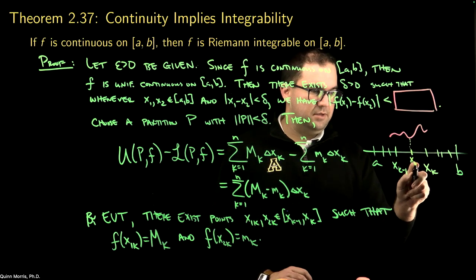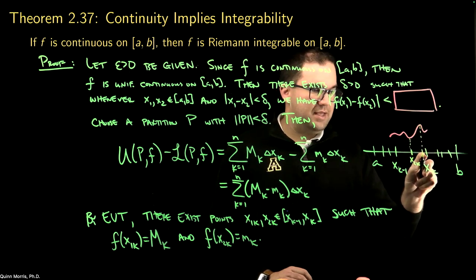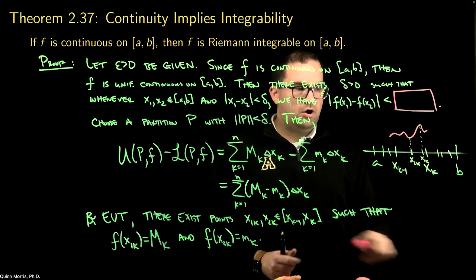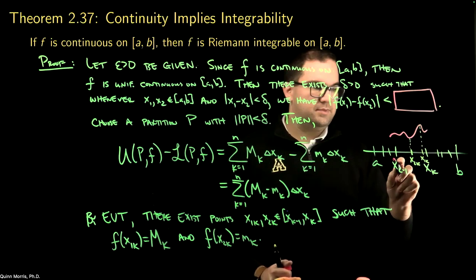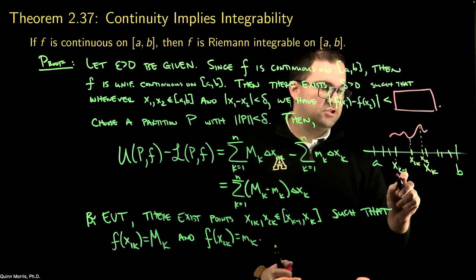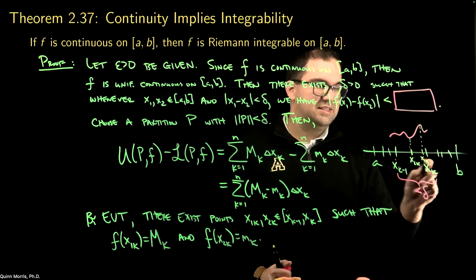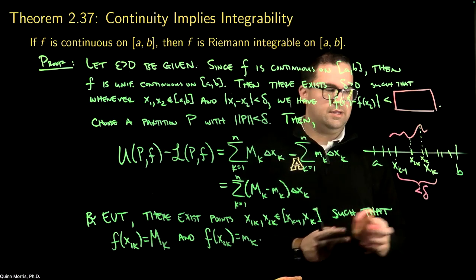That's what I'm calling x sub 2k. And a value where I achieve my maximum. That's what I'm calling x sub 1k. Because of the way I've chosen my partition, with the norm of the partition being less than delta, this whole subinterval has distance less than delta, which means these two points are within delta of each other. That's going to become important in just a moment.